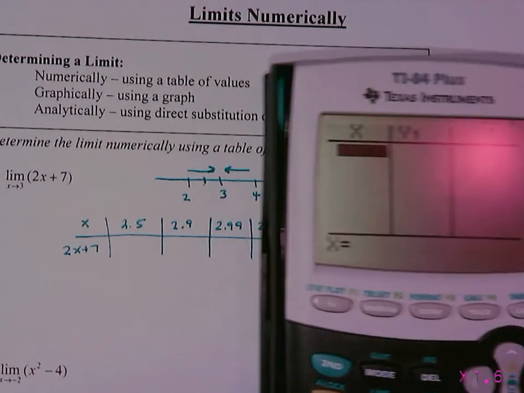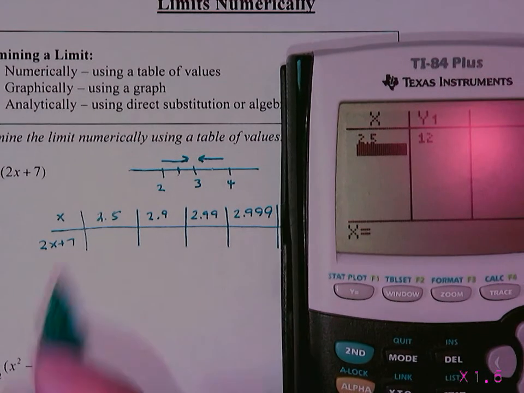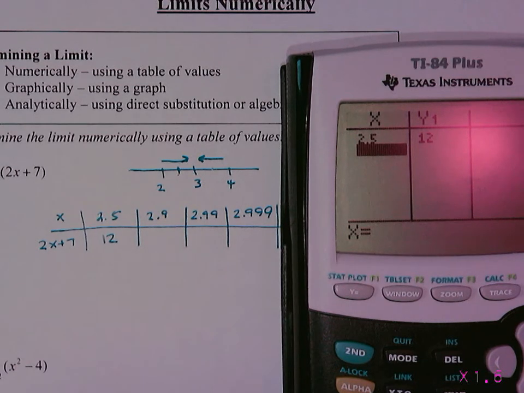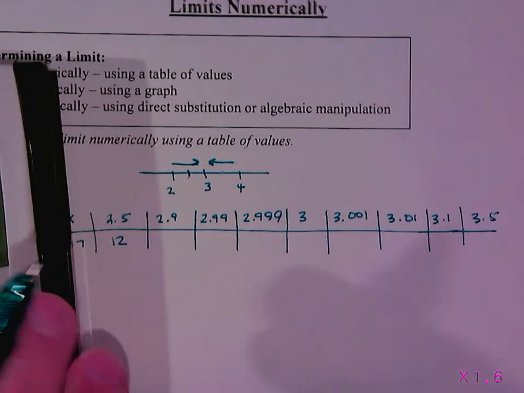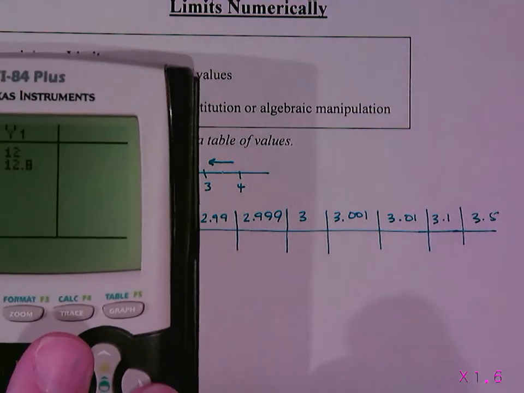So if I use 2.5 for x, I get a 12. So I can write a 12 here. If I do 2.9, I get 12.8. I'm going to move this to this side so I can see better. Okay, and that would keep happening.